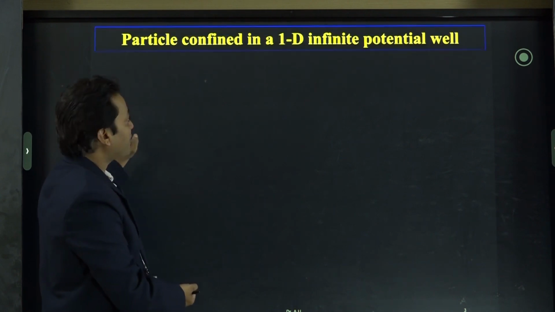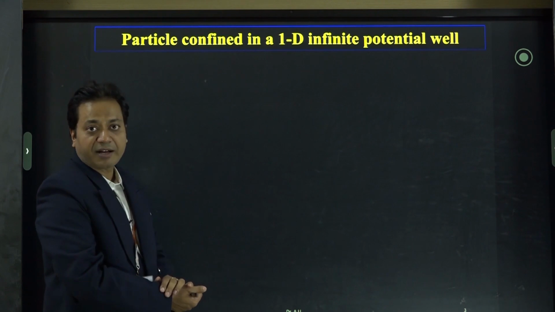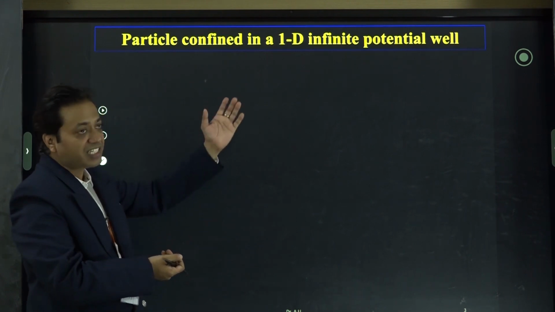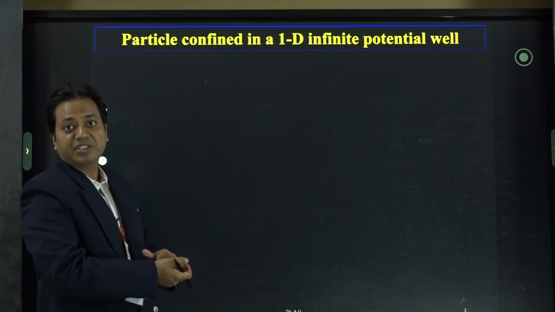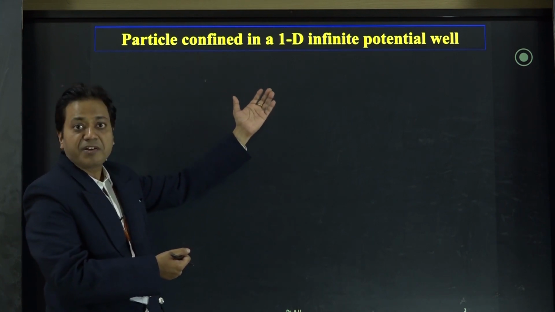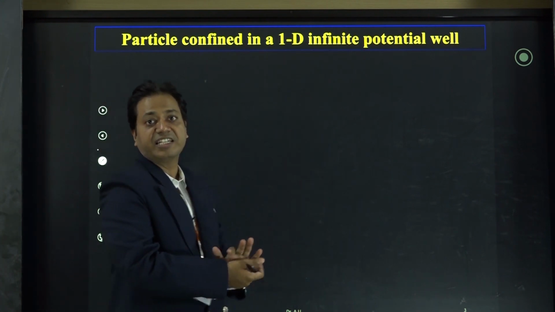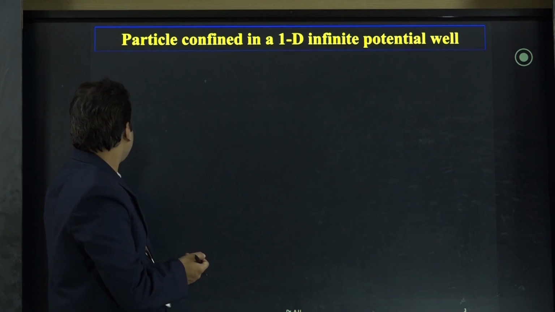So coming to today's problem, we have to calculate what kind of energy a particle can have, and what the wave function will be of a particle which is confined in a one-dimensional infinite potential well.